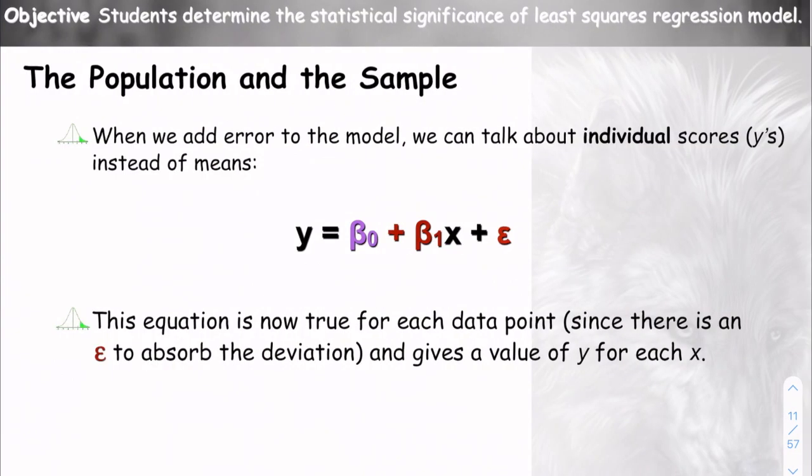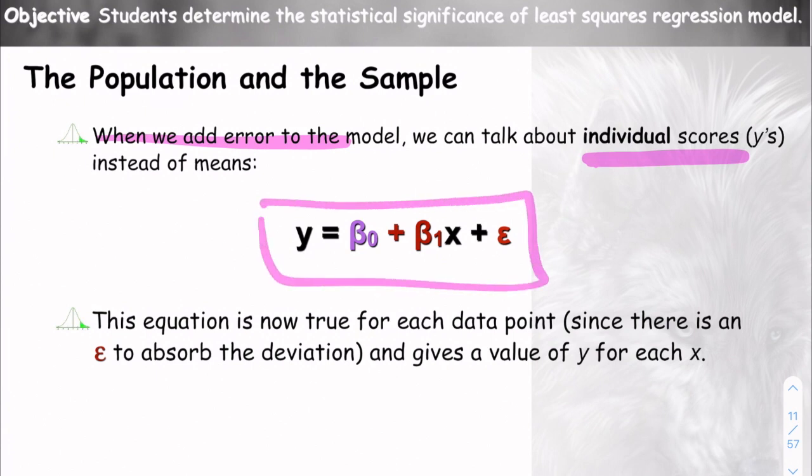So if we want to figure out an individual score, an individual y value as opposed to the means, we account for the error, the epsilon. When we add the error to our model, we can talk about the individual scores instead of the means. So all you need is beta naught plus beta 1 times x plus epsilon.